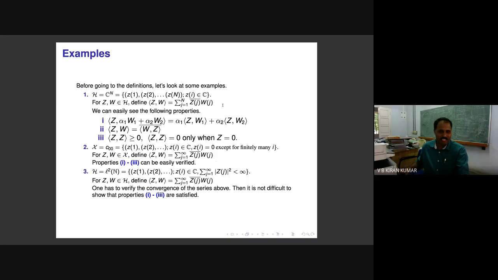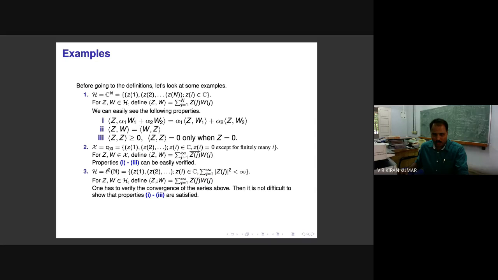Here we consider again the infinite case, infinite sequences. But if you consider all the infinite sequences and define the inner product in a similar way, suppose we define it like this, then there is a convergence issue because we have an infinite sequence here. So this series will be infinite, and there will be infinitely many non-zero terms.